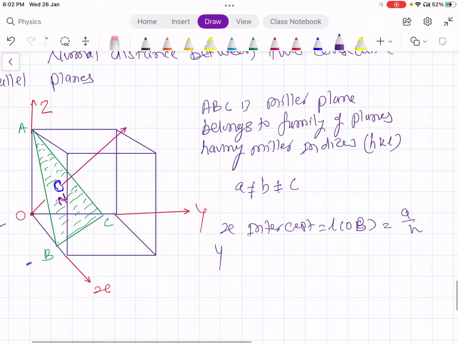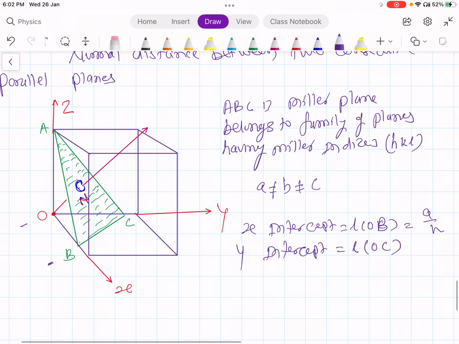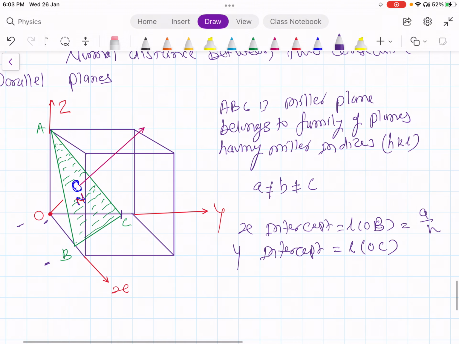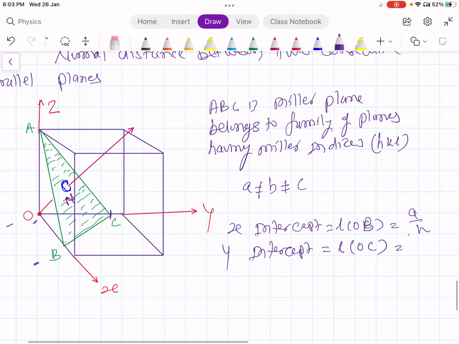Similarly, the y-intercept is length OB, from this point to this point, and that length OB is b by k.